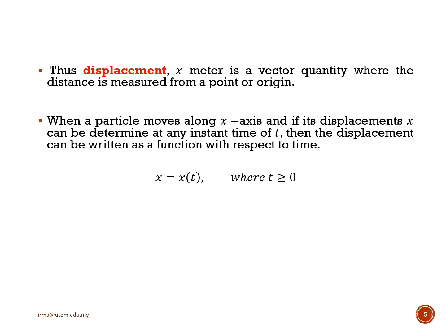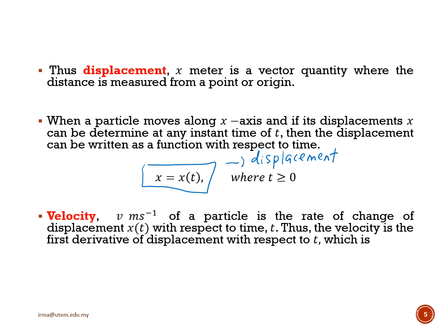Okay, so we have this formula as the displacement. Alright? And from this displacement, we can find the velocity, which is v meter per second, of a particle. It is the rate of change of the displacement, which is x(t), with respect to time t.